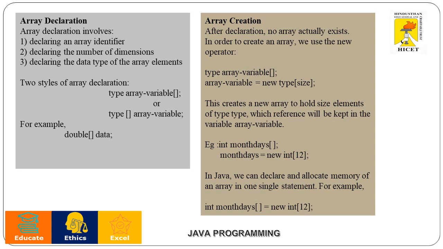Here the type is any primitive data type. It may be integer, float, character and so on. And the array variable is a user defined array variable. The subscripts, that is the left square bracket and the right square bracket, are combinedly called subscripts.